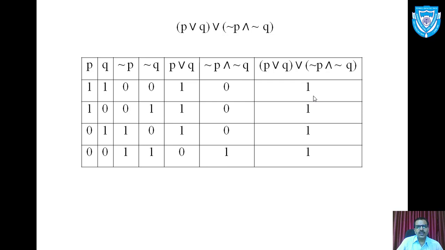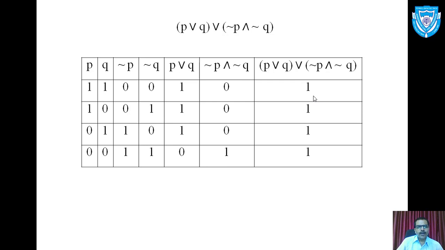To obtain the truth table, we have to prepare different columns. First of all, the columns of simple statements. So what are the simple statements included in this truth table? Column of P, column of Q. Now from P, you can obtain the truth value of negation of P. From Q, obtain the truth value of negation of Q.